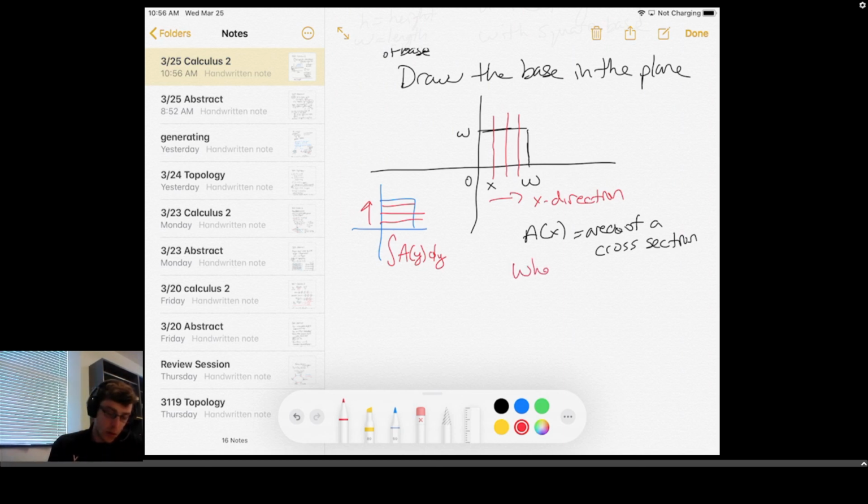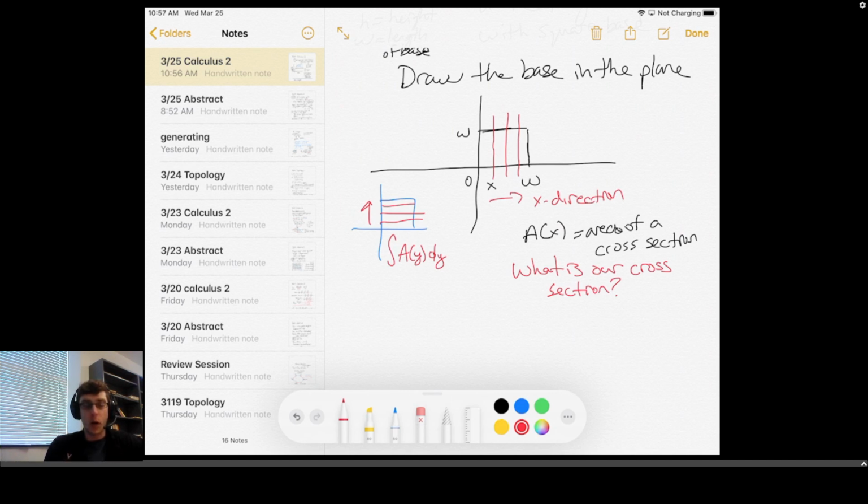So what is our cross section? Thoughts? They're not actually squares.